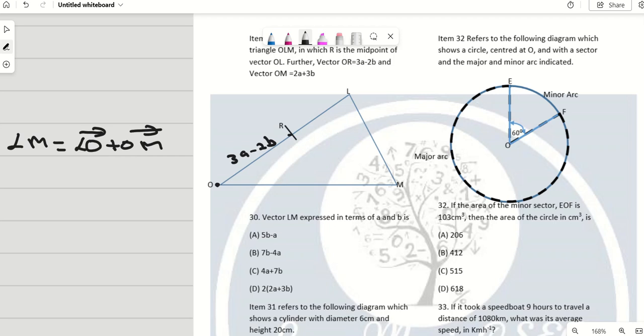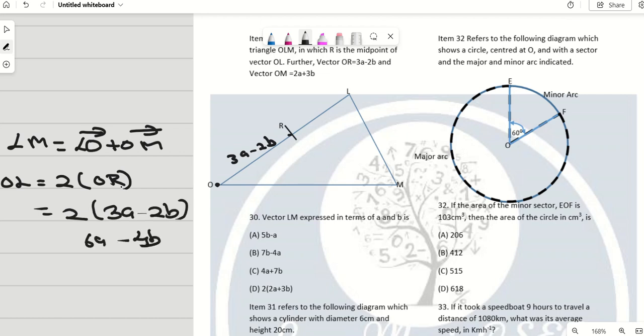If you're going from O to R, this is 3A minus 2B. But OL is twice the size because R is the midpoint. So OL would be 2 times OR, which is 2 times (3A minus 2B), which is 6A minus 4B.